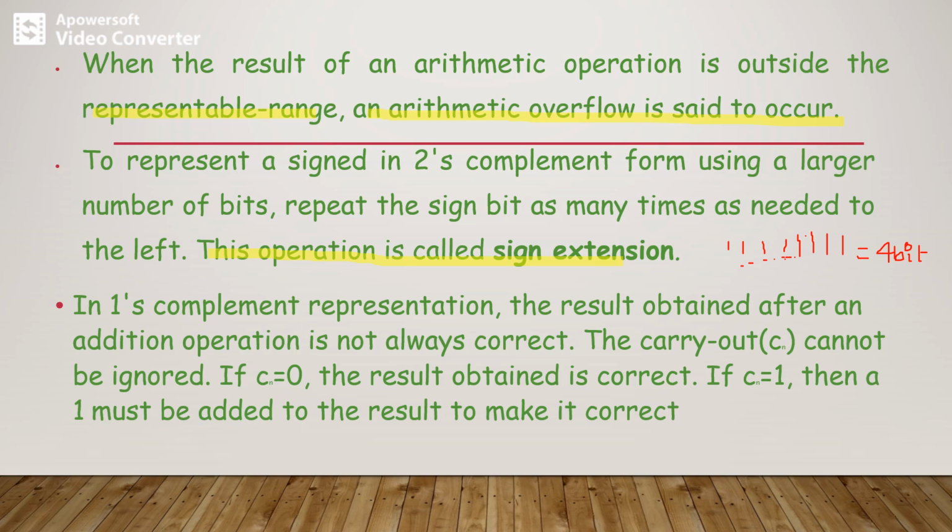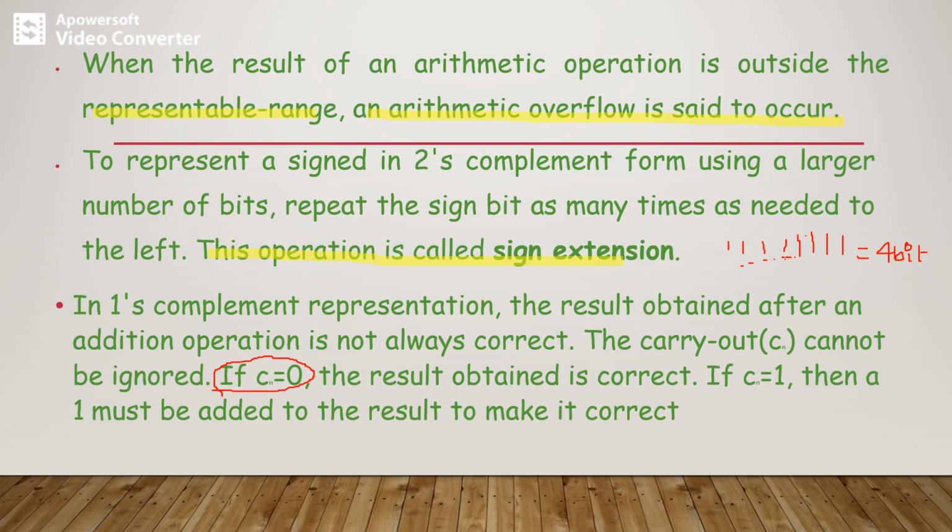In one's complement representation, the result obtained after an addition operation is not always correct. The carry out cannot be ignored. So always after performing the operation, if you are neglecting the carry out, I can say that the addition operation will not be correct. So if C is equal to 0, the result obtained will be correct, since there is no carry out. If there is no carry out, the obtained result may be correct.